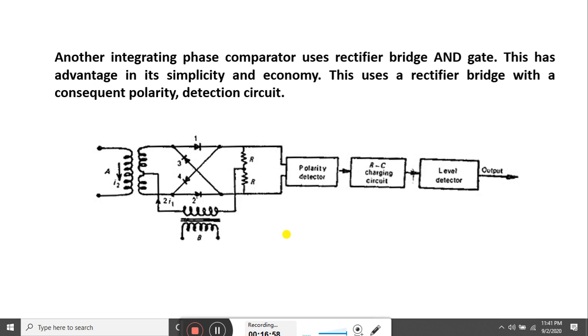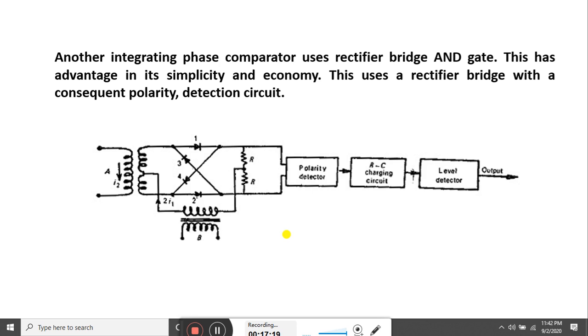In this lecture we have discussed the coincidence type phase comparator and the integrating type of phase comparator. Both comparators are part of the phase comparators.